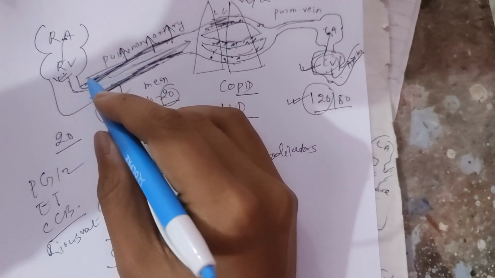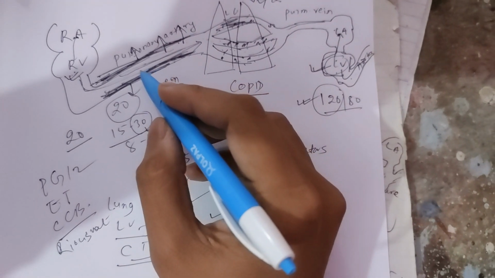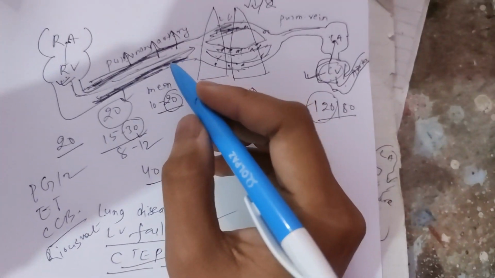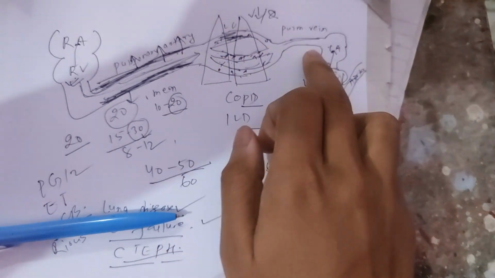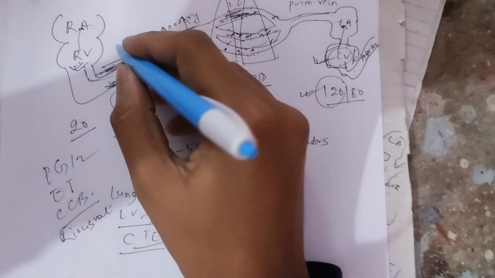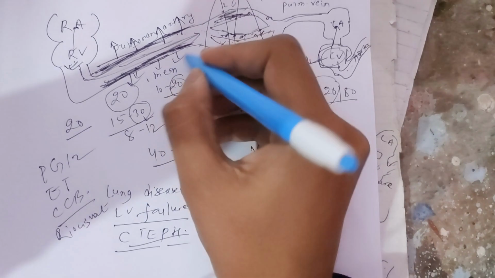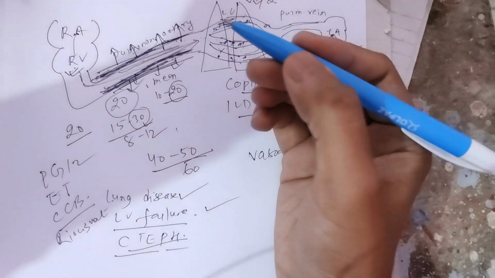Let's suppose the problem is in the pulmonary artery itself because of the connective tissue disease. Here will you give or not? The problem is not anywhere else, but only here, because it is not compliant, it is not distensible. So here if you dilate it, it will improve the condition because the problem is here. So you can directly address it, right?